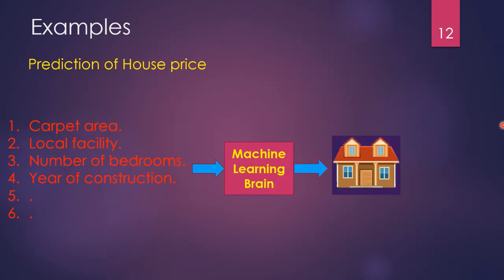Then what benefit you will get as a consumer of the model is that you can at least start bargaining accordingly, right? But if you don't have this model, you don't have any way to understand what the price should be.